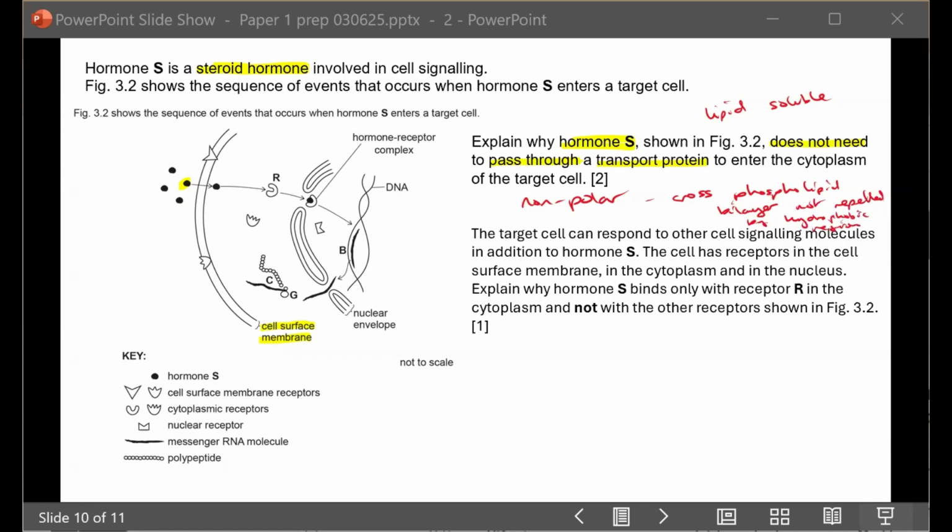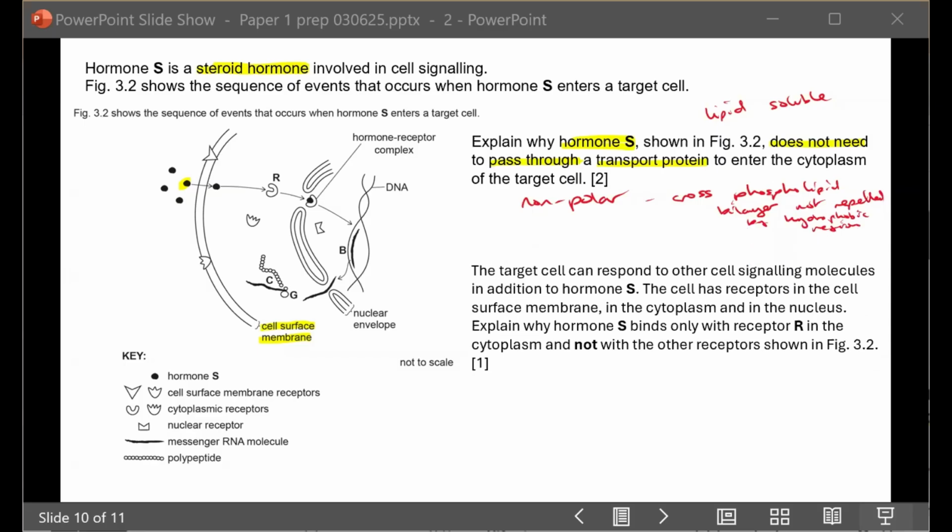So it's really important when you are answering these types of questions in the exam that you do say every little bit of detail that you can. Don't assume that you have told me, the examiner, what you know by saying it's non-polar, so it can cross the phospholipid bilayer. I don't know what you mean by that. I don't know if you actually understand what that means. All you have done is you've reworded that. Well, in a sense, you've not reworded that. You've reworded that it can pass through.